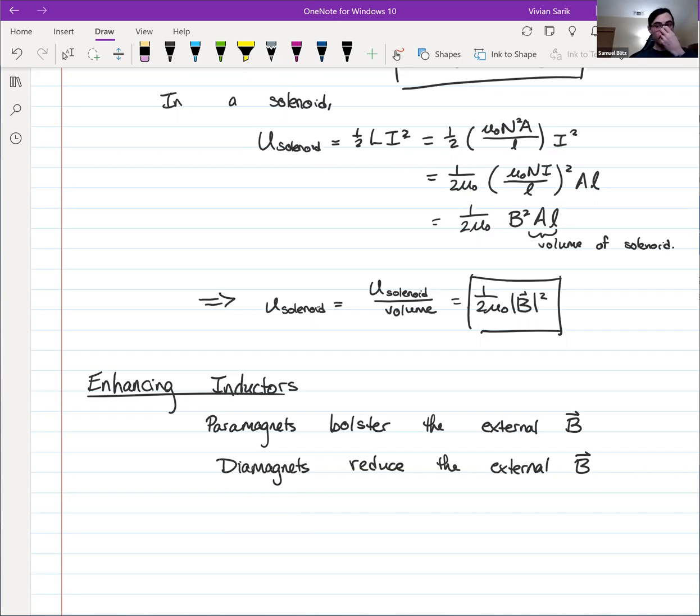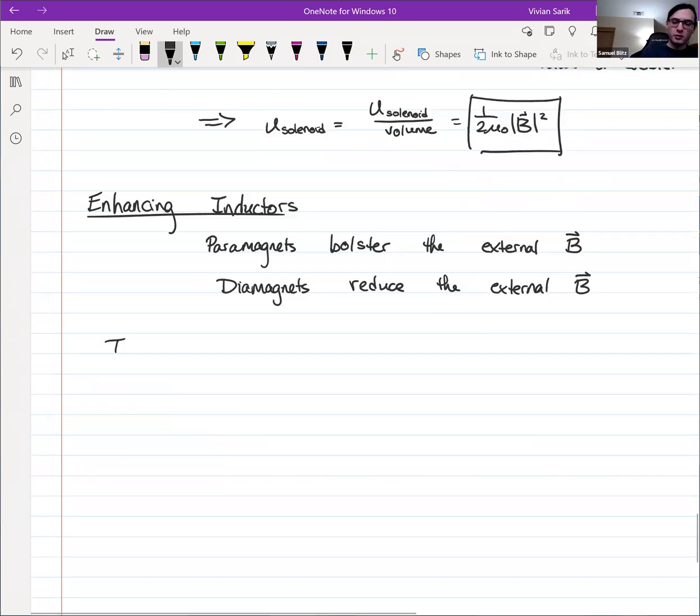So to handle these materials inside an inductor, and by the way, when I say inside an inductor, I mean literally you fill your solenoid with jelly or something, just like you fill the gap in the capacitor with jelly. To handle these, we introduce a new notion: permeability.